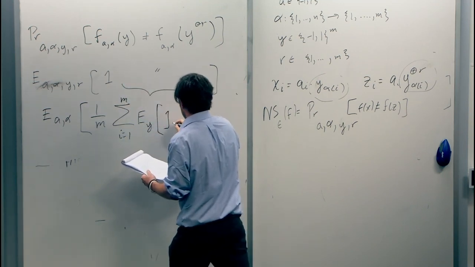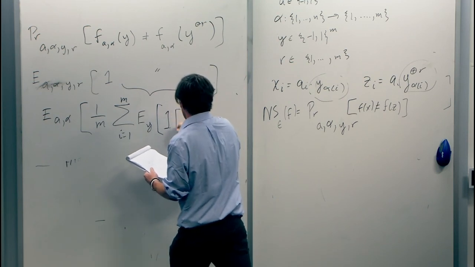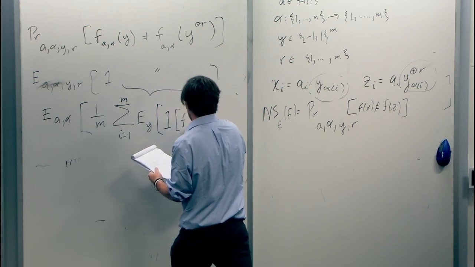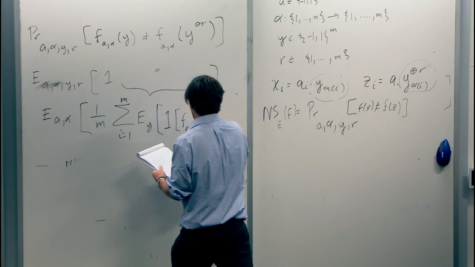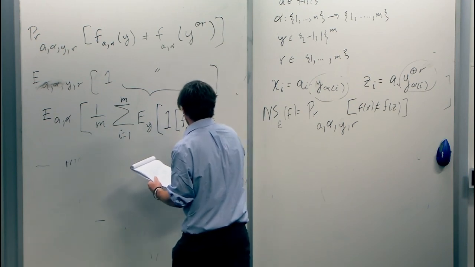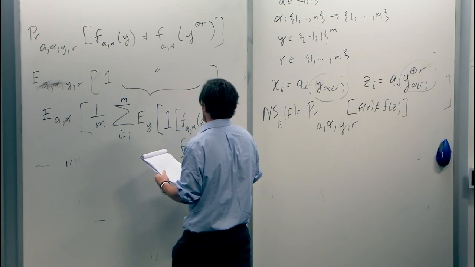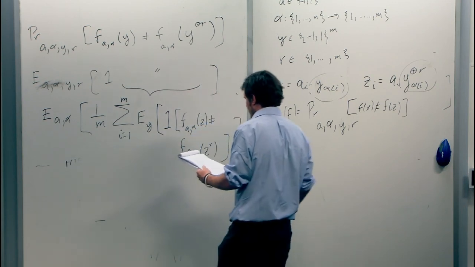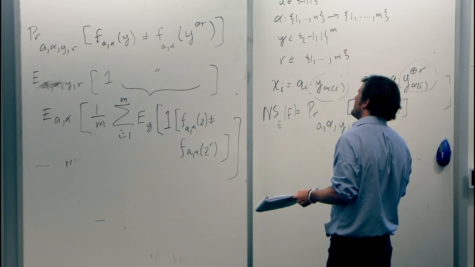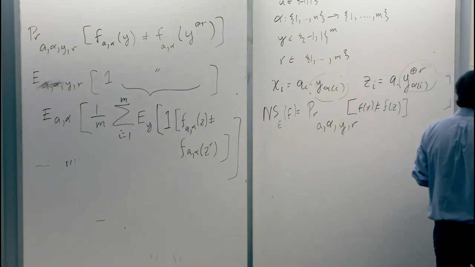I'll explain this in a second. So this is the indicator function. This is a very simple idea, and somehow it's tricky to precisely write down.